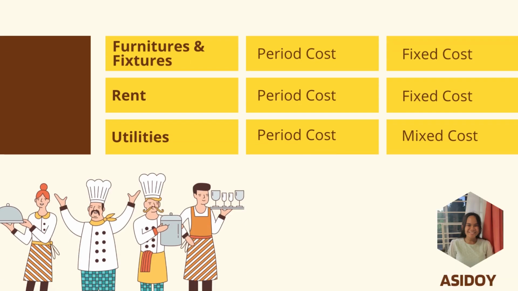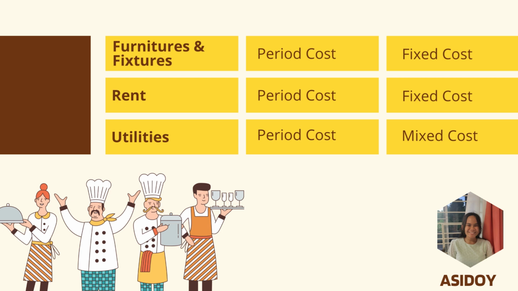Furniture and fixtures. There is a long list of furniture and fixtures a restaurant needs: dining tables and chairs, office table and chairs, kitchen furniture such as prep tables, shelves, and racks.